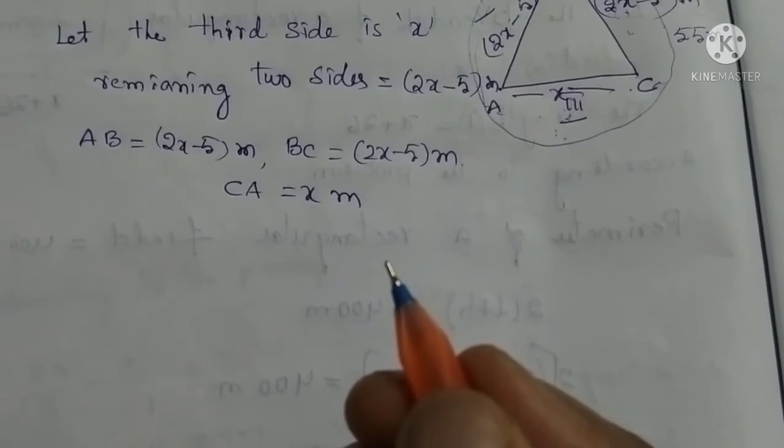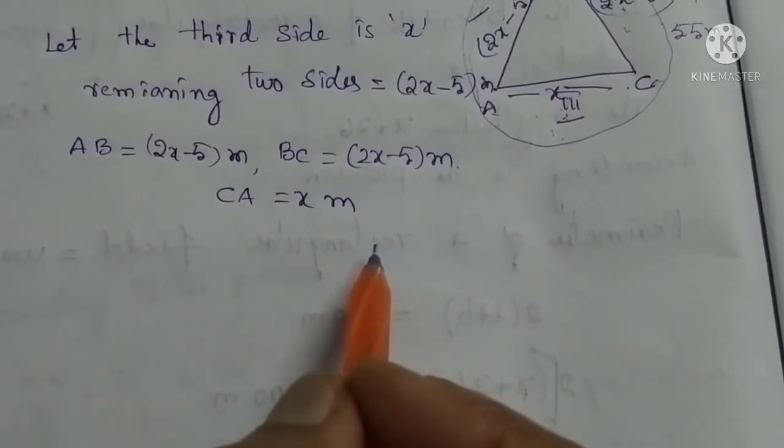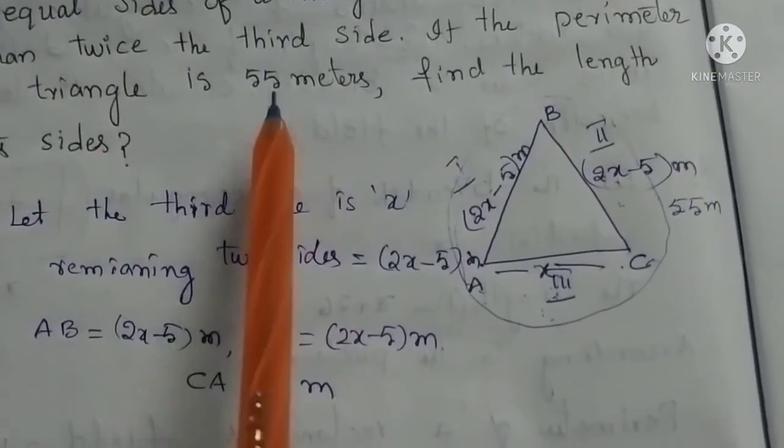We know that the length of the remaining two equal sides is 5 less than twice the third side, already according to the problem.